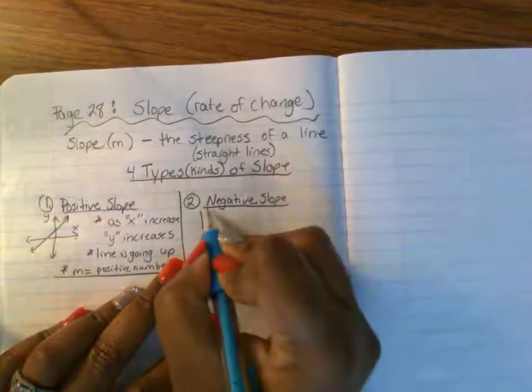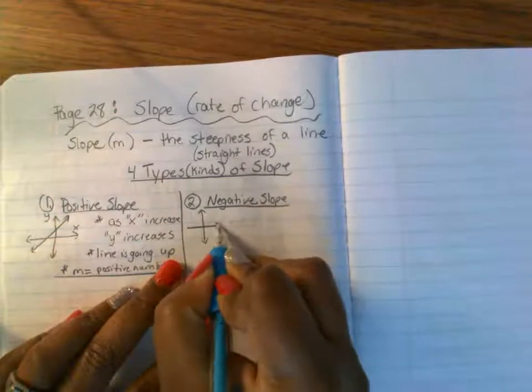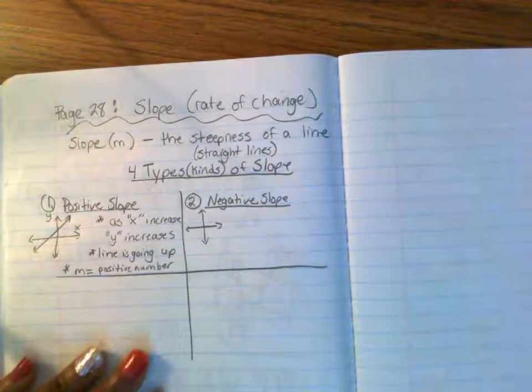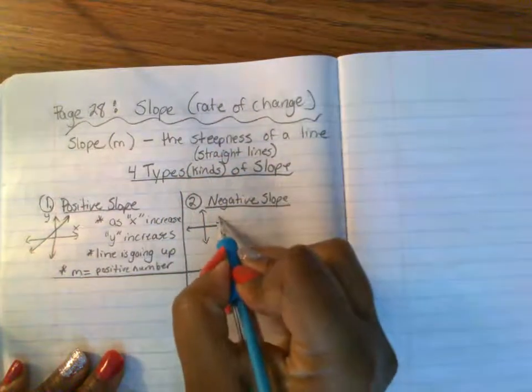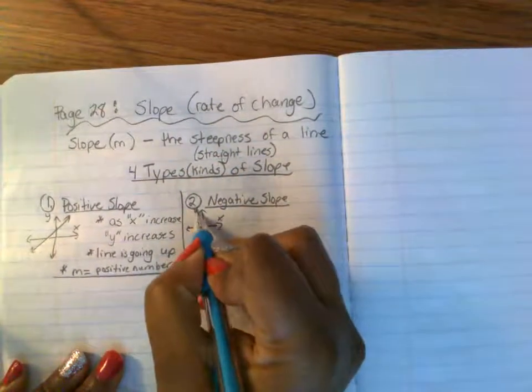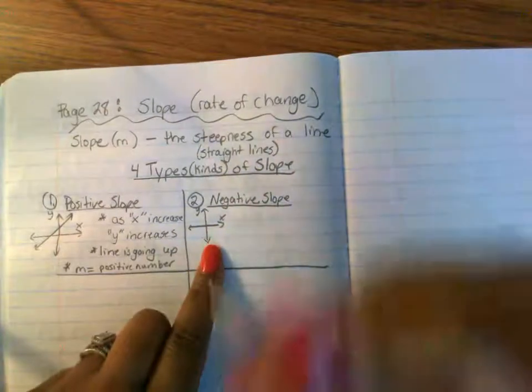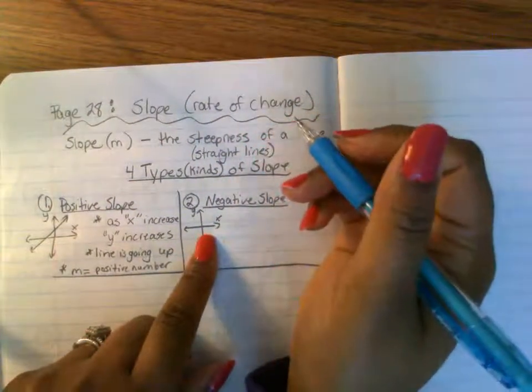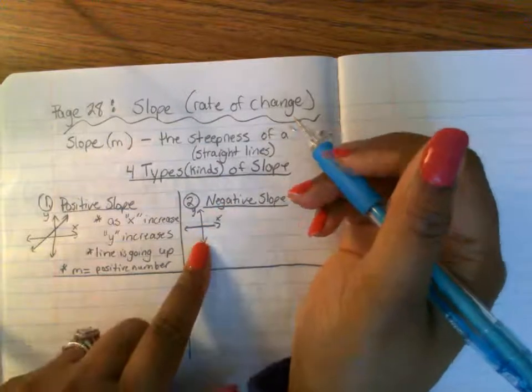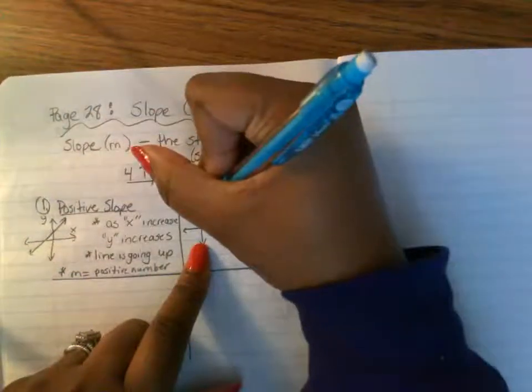Anybody got an idea? Thank you, Tyler. With a negative slope, just as Tyler stated, the line is going down.